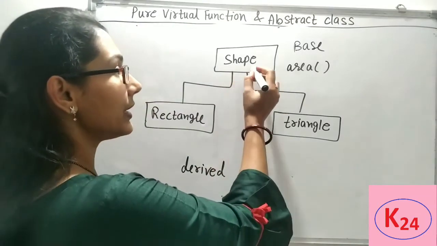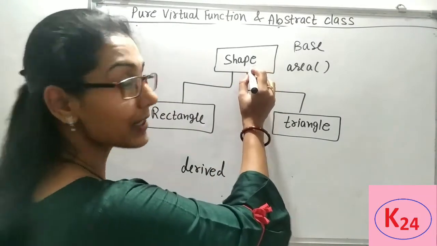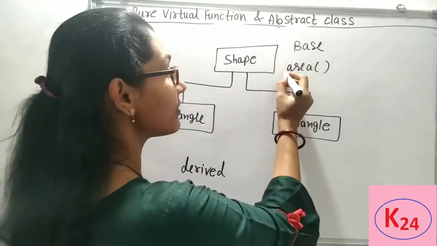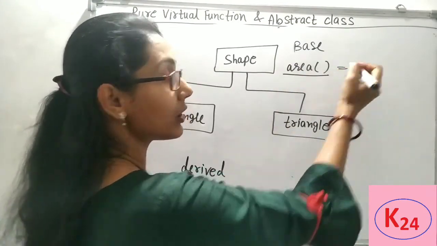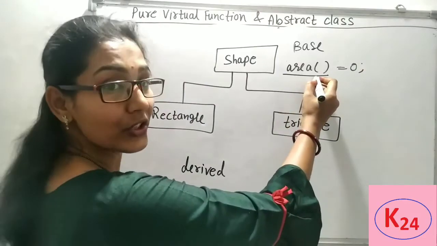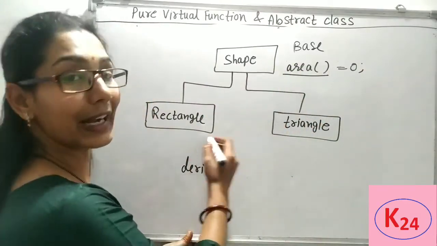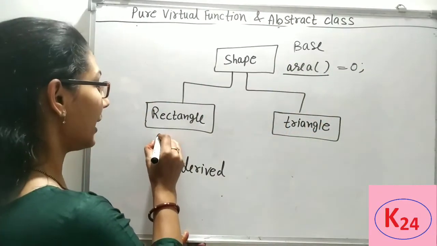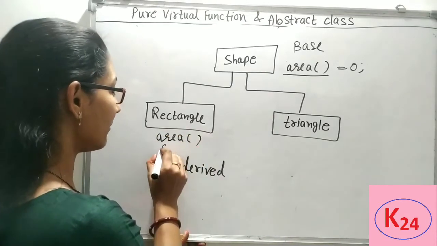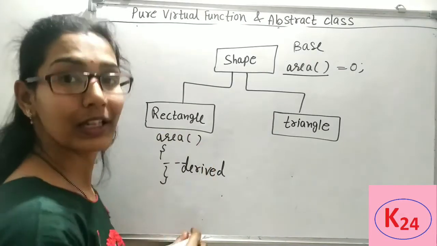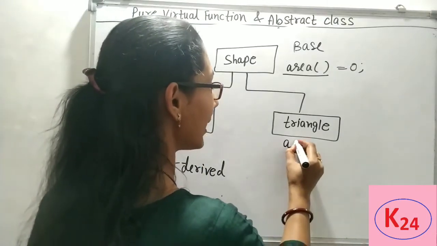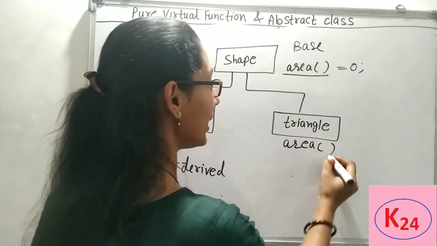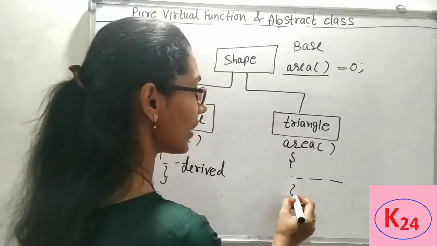How? In the shape class, which is the base class, we will define area as a pure virtual function, and the definition will be redefined in the rectangle and triangle as area, and in the body part we will calculate the area of the rectangle, and again in triangle we calculate the area of the triangle.